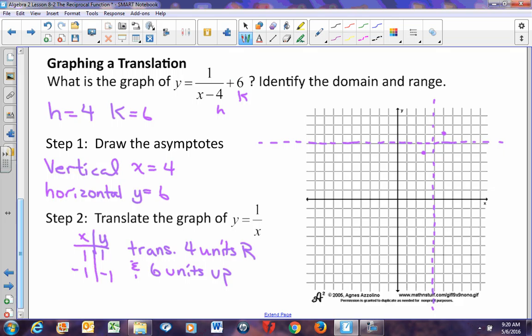Basically, that's the closest point that I'm going to have in my graph. I just need to draw my branches this way. It's just a sketch. It doesn't have to be perfect. So this is now y equals 1 over x minus 4 plus 6. And that's the sketch of the graph. And all we did was translate the parent function to do that. It's actually not as complicated as people would think it would be.